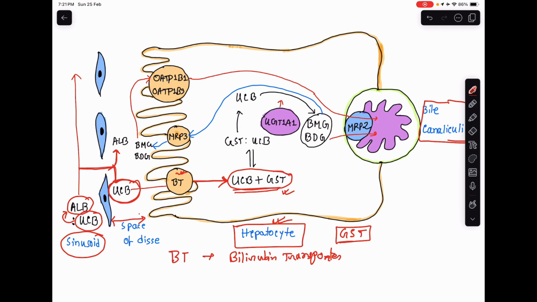So glutathione S transferase, first of all, prevents the reflux back of unconjugated bilirubin into the space of Disse. Also, it helps to maintain the unconjugated bilirubin in the aqueous solution. Now, what happens in the endoplasmic reticulum? In the endoplasmic reticulum, the unconjugated bilirubin combines with glucuronic acid.